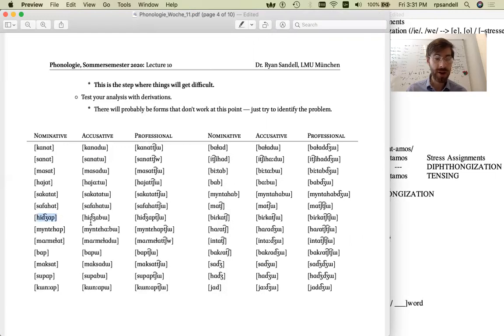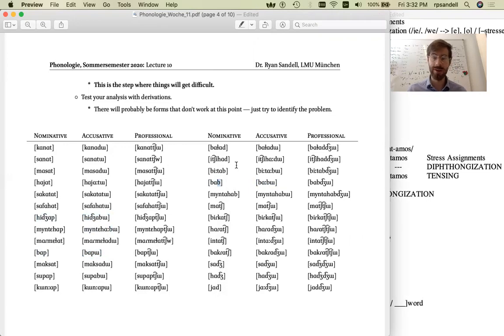So we find ijab alternating with ijabu, and we find muntehap, which also shows that alternation. But on the other hand, we find words like bap, bapu, which show p all the way through, and words like bab, babu, which show b all the way through.